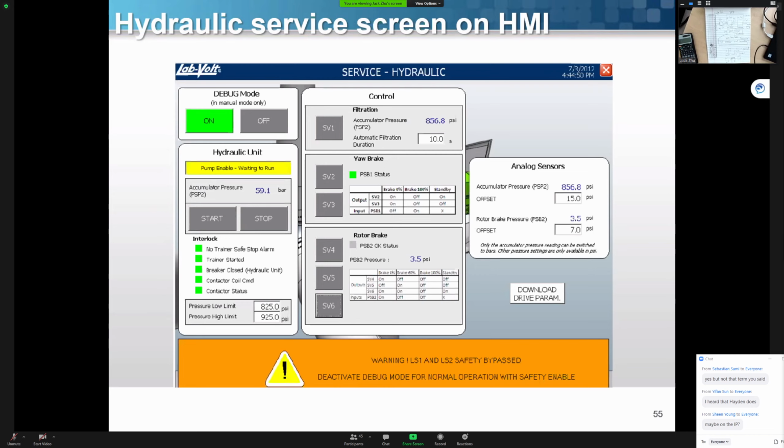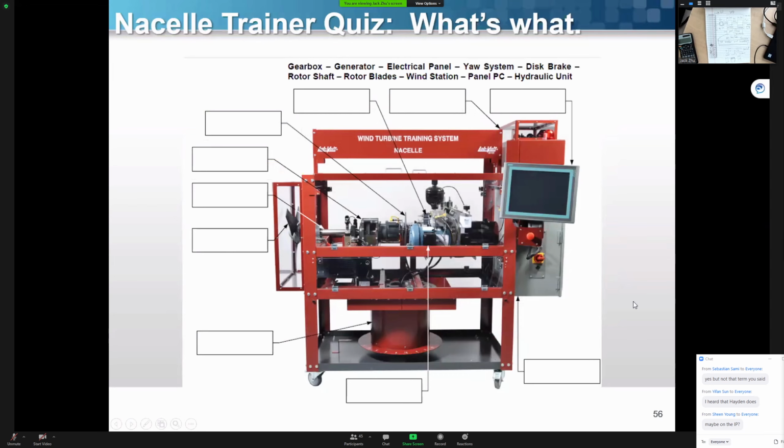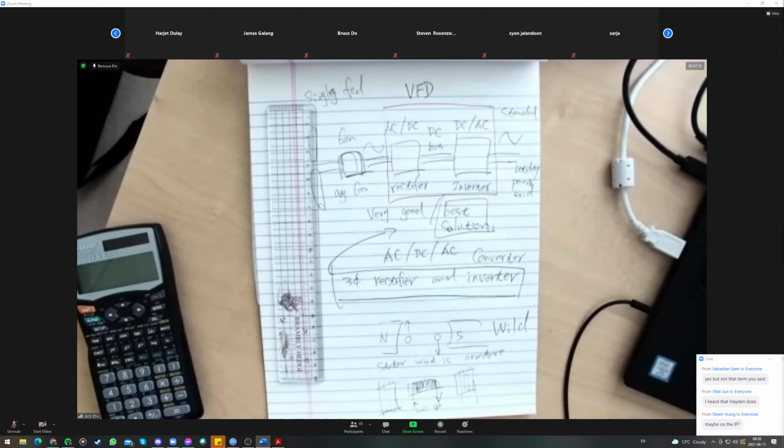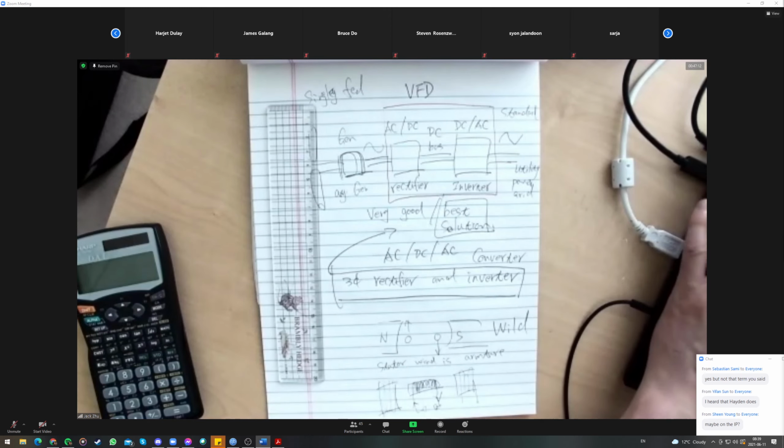So mostly, I say mostly, not all of them, the IP questions will be related to photovoltaic. The hydraulic system down here is over the requirement for the electrical apprentice, so you don't need to know them. Okay, I guess that's it. We don't need to go over this one.